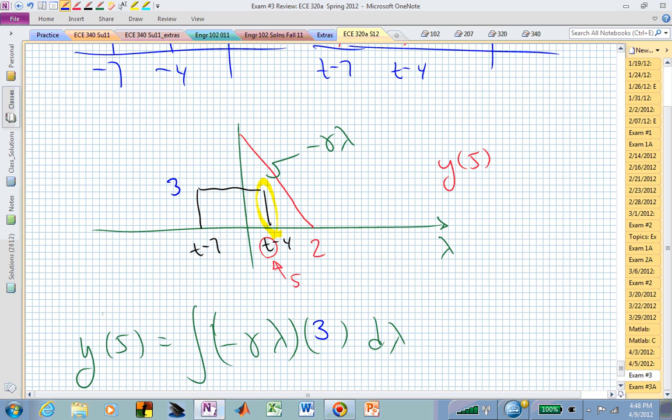What are my limits of integration? So it's 0 to t minus 4. And this was y of t, but I actually said replace that with 5, so now I can plug in a specific value of 5, and I integrate from 0 to 1.